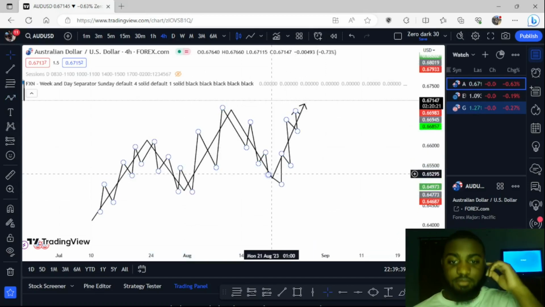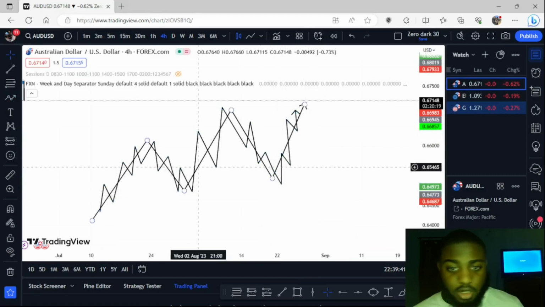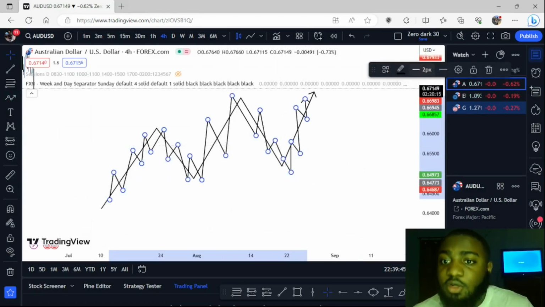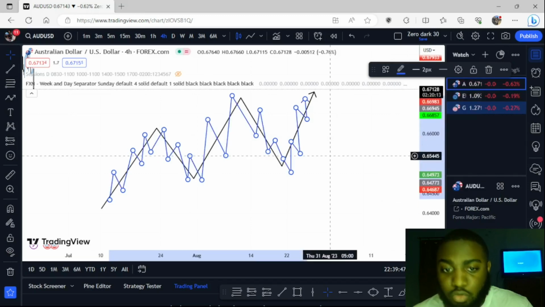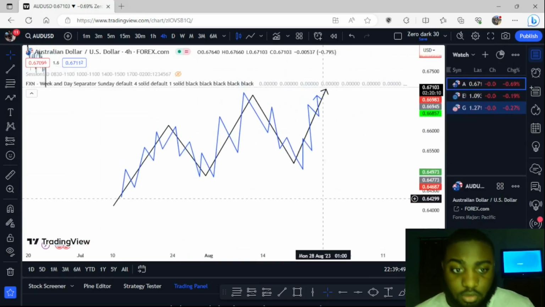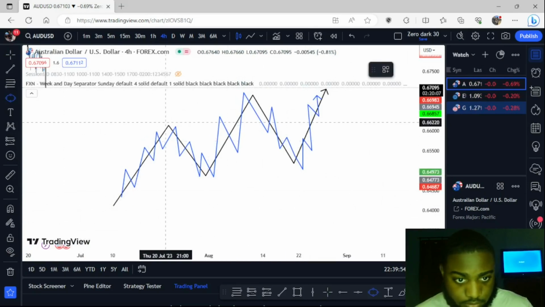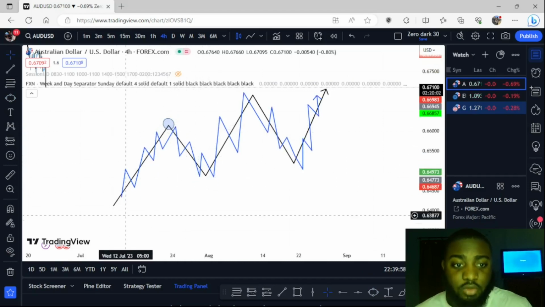That liquidity right there, I'll make this a different color. Gonna make this blue because I love blue. All right, cool. So we have exterior liquidity and we have interior liquidity.